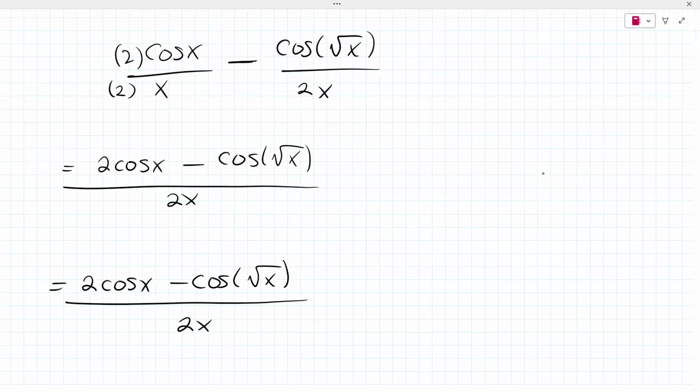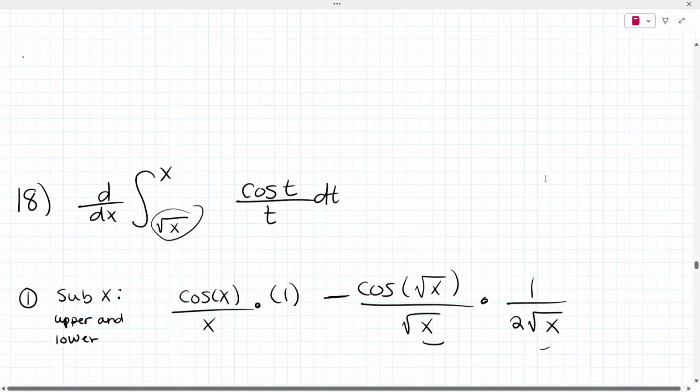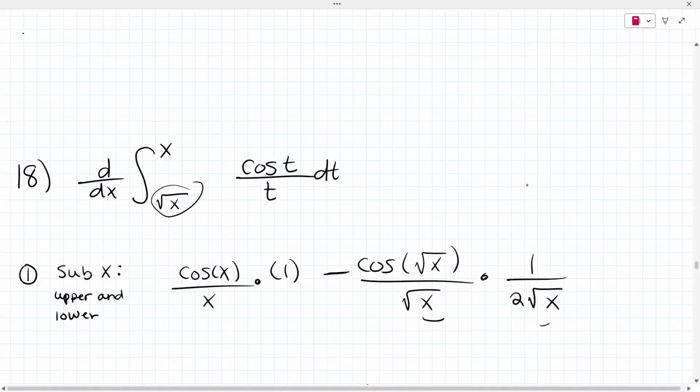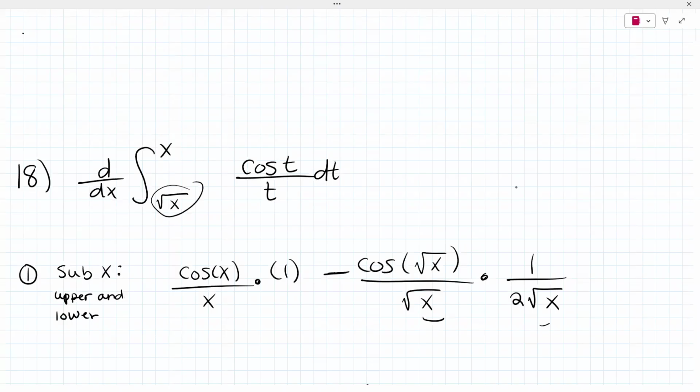Okay, so let me recap what I did. In this one, if you have a derivative and integral, it disappears. Then I applied the upper boundary, which is x.